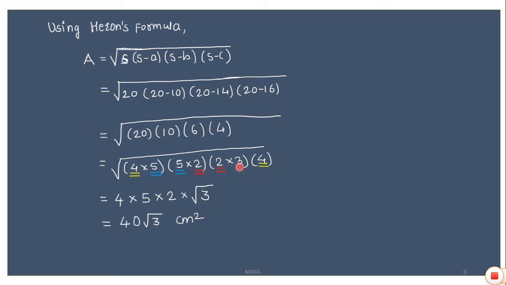Now only the number 3 is remaining inside the square root, but it is a single number. We can't find its square root, so we keep this root as it is, and after calculating I'll get the area of triangle as 40 root 3 square centimeters.